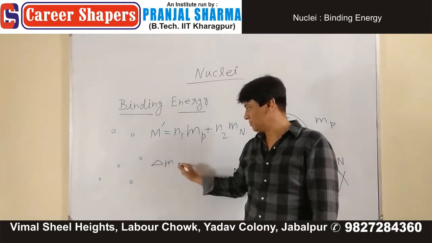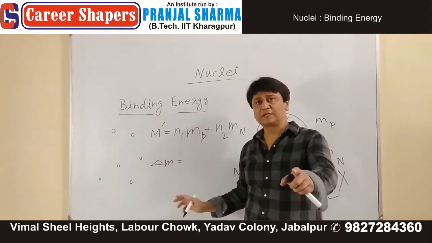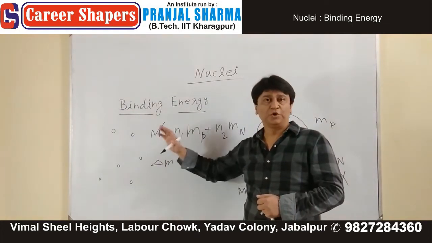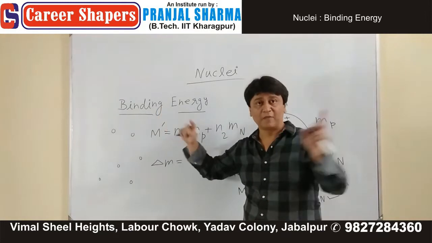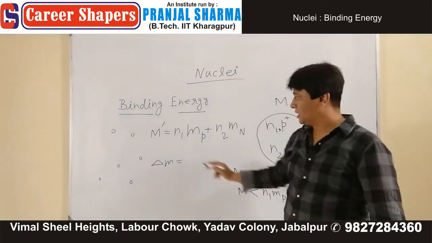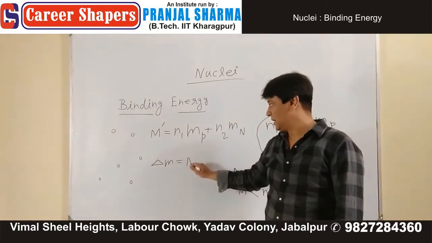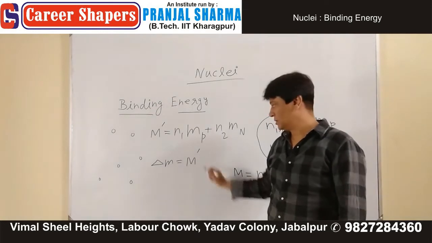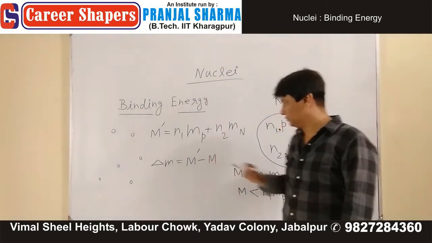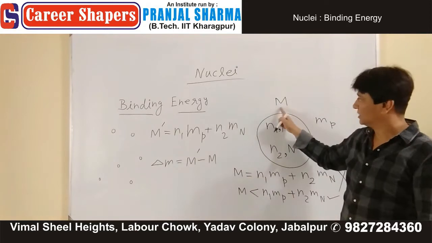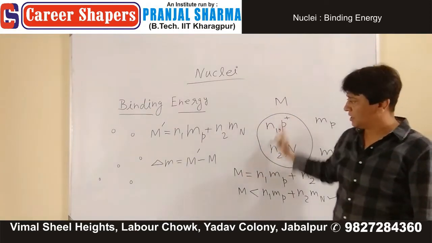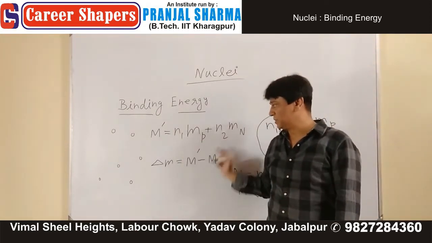Delta M, we are interested in the mass which is gone because of that loss of kinetic energy. This delta M is M dash minus M. This M is mass of the nucleus, M dash is this much.